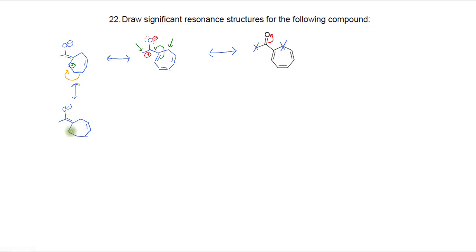Double bond here, and then I have a double bond there, and my positive charge is there because that's where I took the electrons out. And then I can move electrons into there.